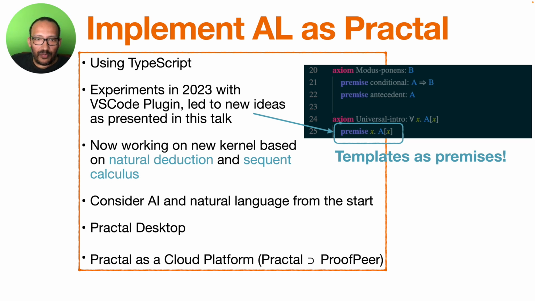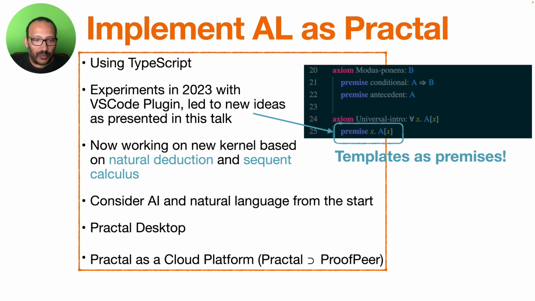And now that this is part of abstraction logic, I'm working on a new kernel based on natural deduction and sequent calculus. And I'm also considering AI and natural language support from the start: how do I build Practal so that these things can be integrated nicely.